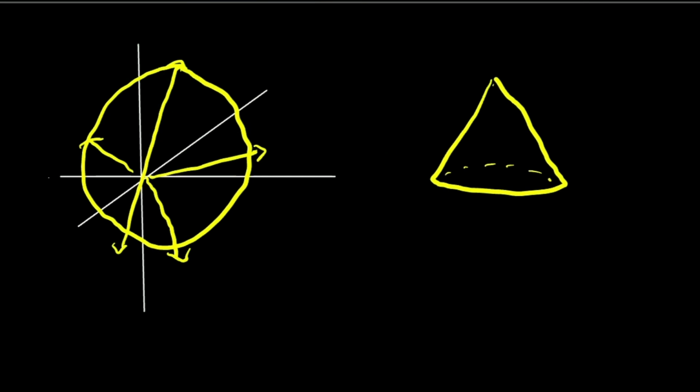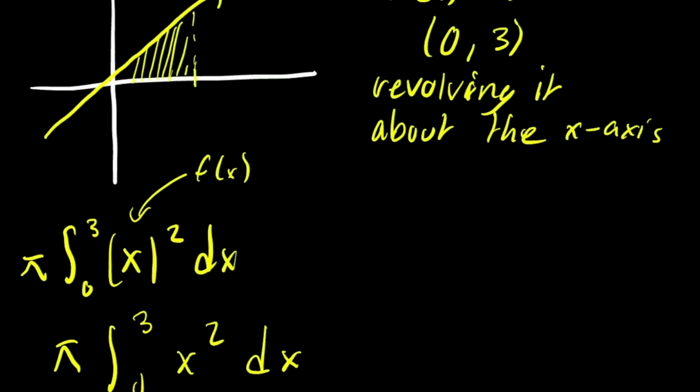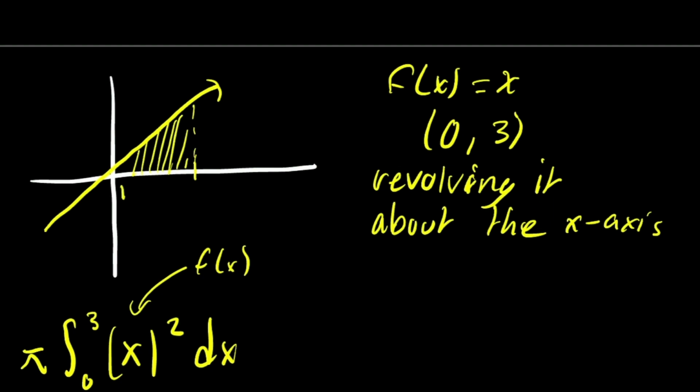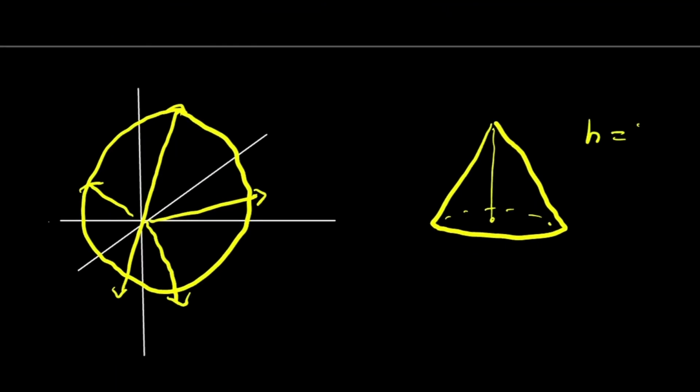And our height is going to be this distance here from 0 to 3. So h equals 3.